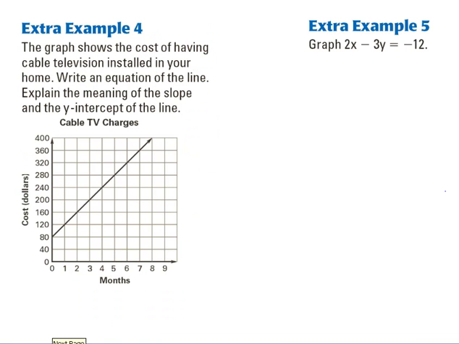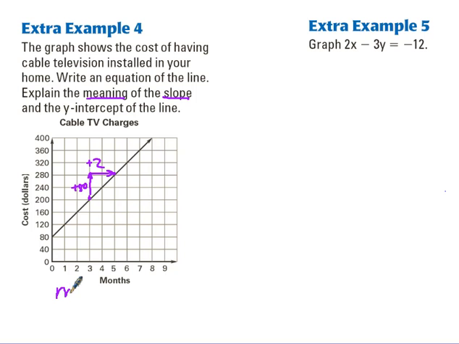This one, they're asking us to compare the cost of television installed at your home. So the question is, right here, what is the meaning of the slope? Well, let's calculate the slope first. I'll pick 2 points. I'm going to rise positive 80, and I'm going to run positive 2 months.